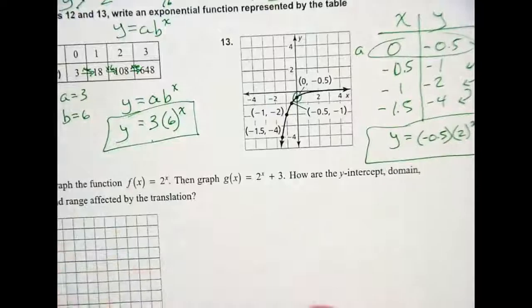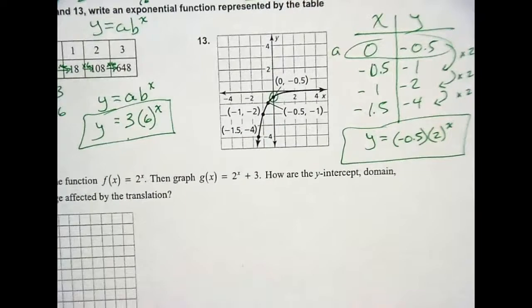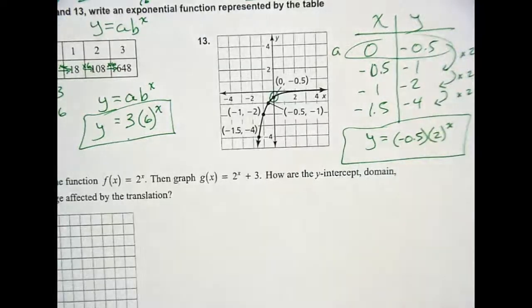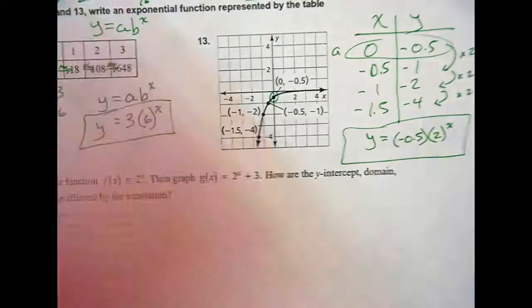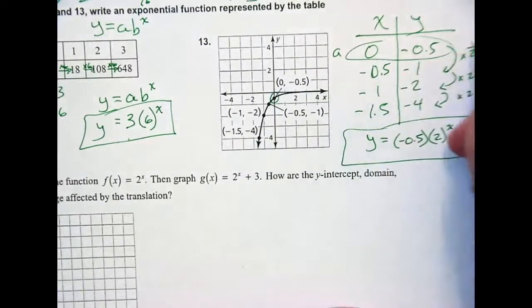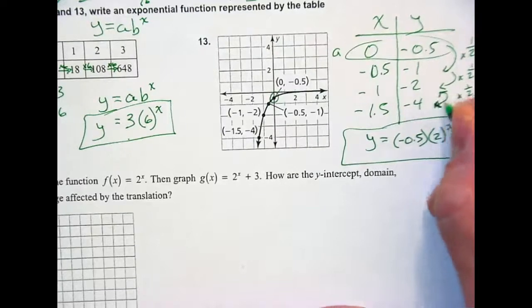Okay, there's number 13. Oh, hold on. Did I get that right? Times 2, times 2. Yeah. Wait, why is it negative 0? Oh, whoa. I messed up completely. I went backwards. Unbelievable. This would be 1/2, because I'm going the wrong way.